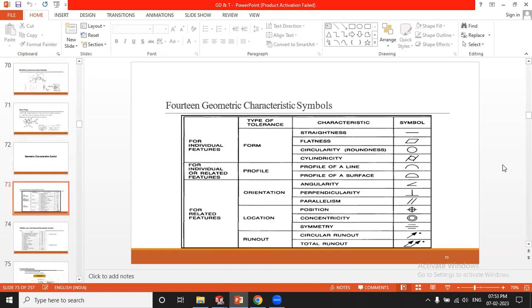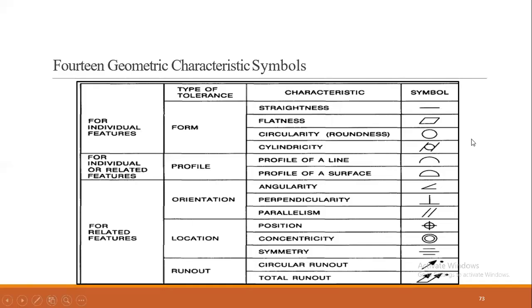So these are the types of tolerances. You will get form, profile, orientation, location, and runout.